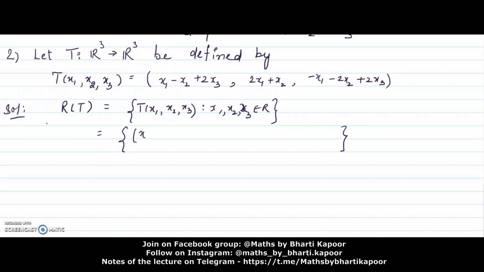That is (x1 minus x2 plus 2x3, 2x1 plus x2, minus x1 minus 2x2 plus 2x3) where x1, x2, x3 are real numbers.